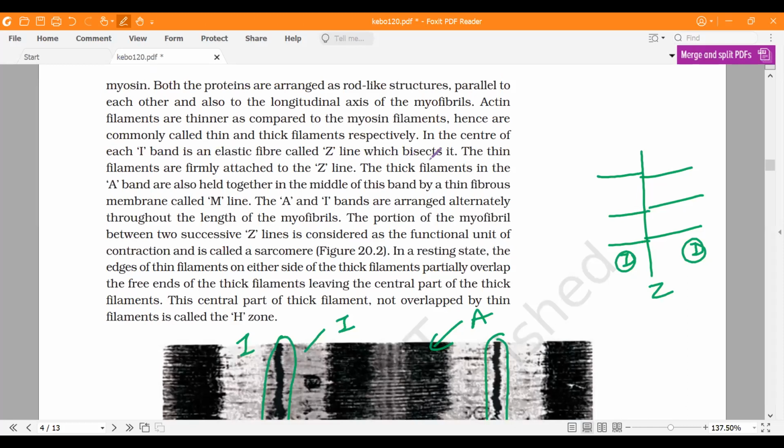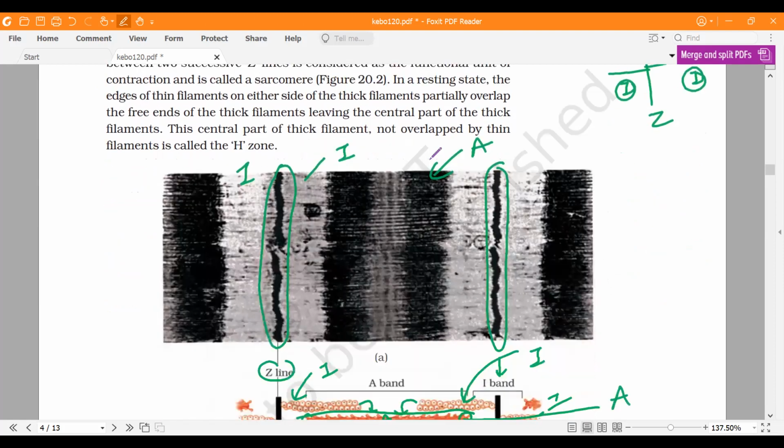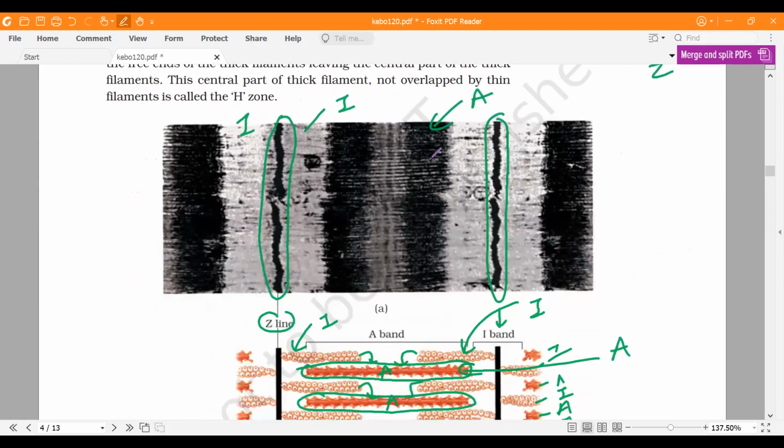Okay, you should know that. Now the thin filaments or I band are attached to the Z line, as we all know. Now, if you talk about the thick filaments or A band, then they are also held by something called the M line.